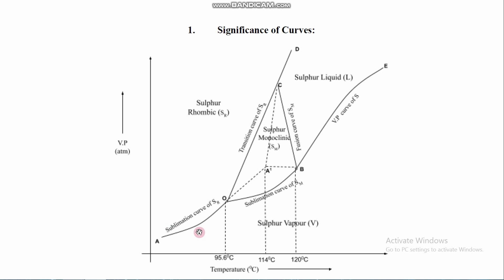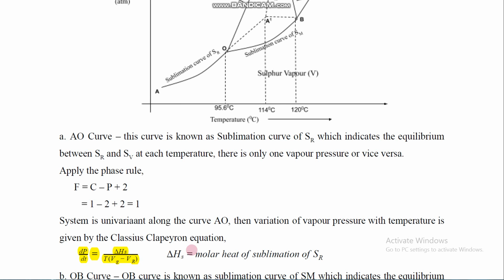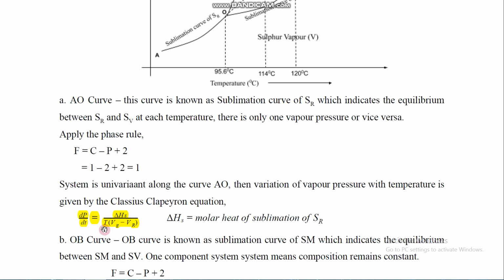We come to know the variation of vapor pressure with temperature by the Clapeyron equation: dP by dT is equal to delta Hs divided by T into (Vg minus Vr), where V means volume. dP by dT is the change in pressure with respect to temperature.